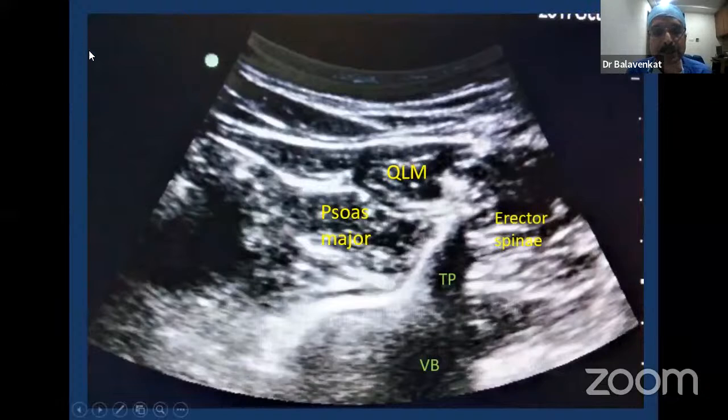You bring in the needle from here, and you look for this fascial plane. So you deposit the drug here, and it will be an excellent quality of block. So look for the transverse process, identify these three muscles, and then you go for the anterior QL.